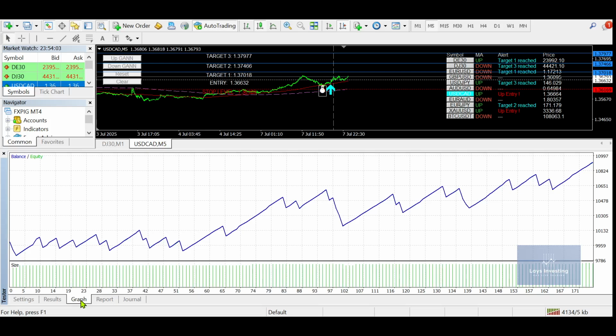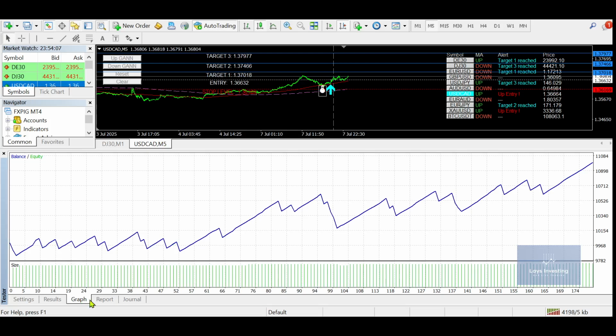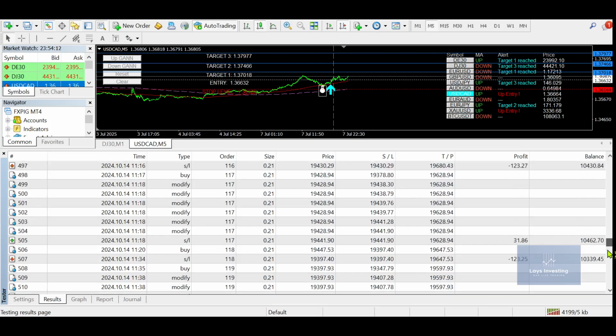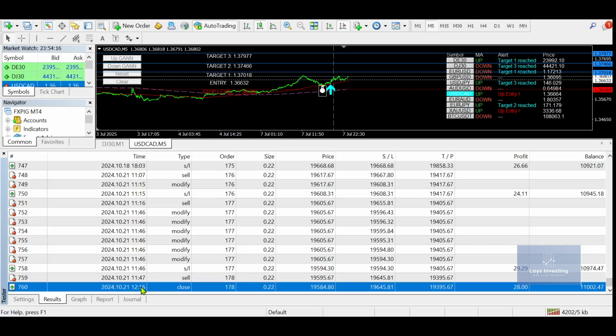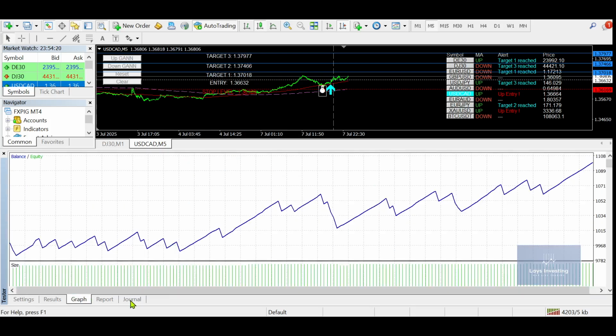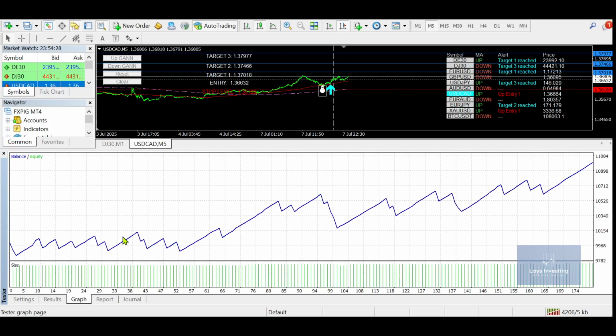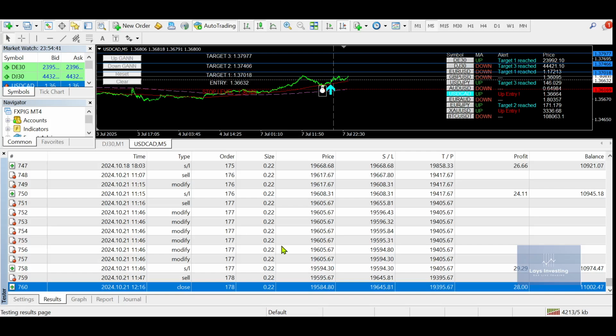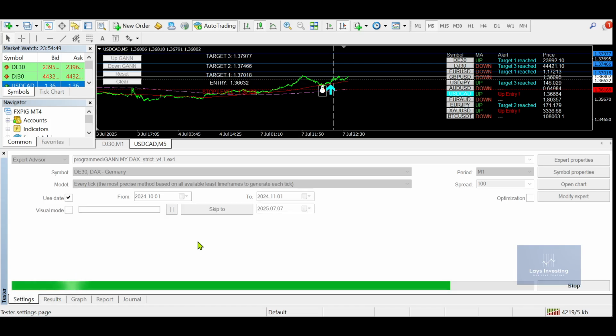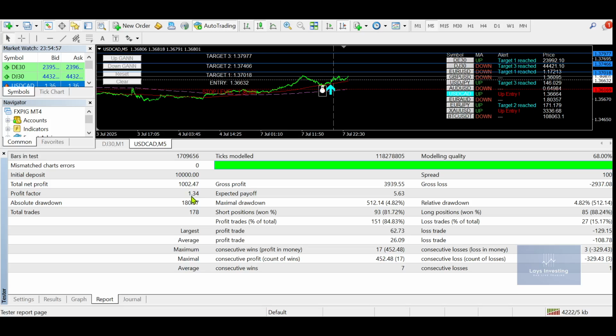I think it's done now. Number 21. 1.34 profit factor, less than 5% drawdown.